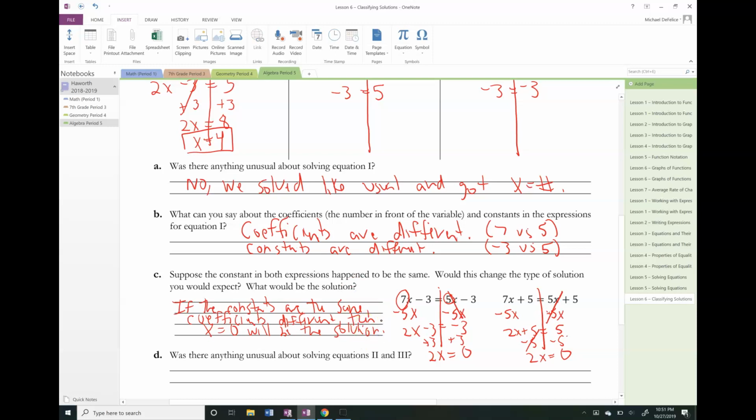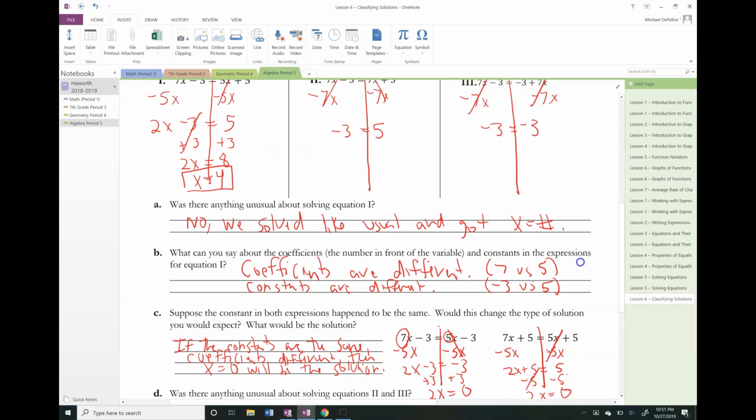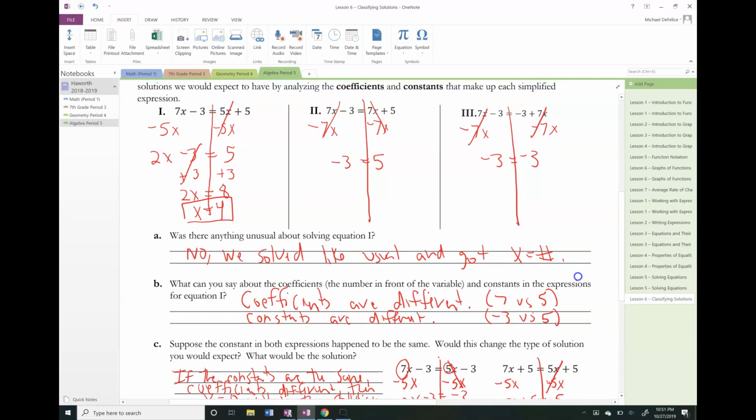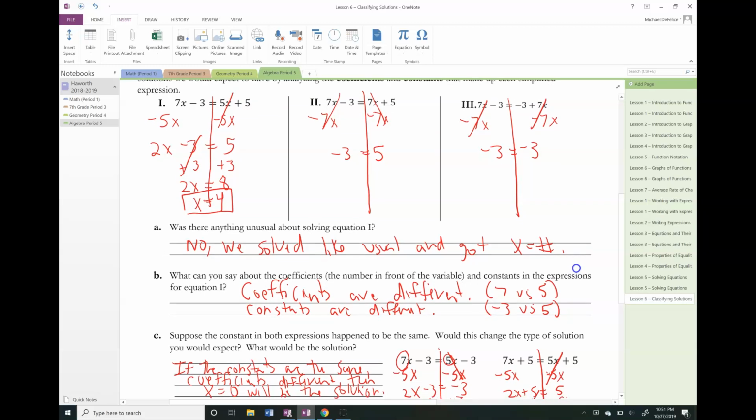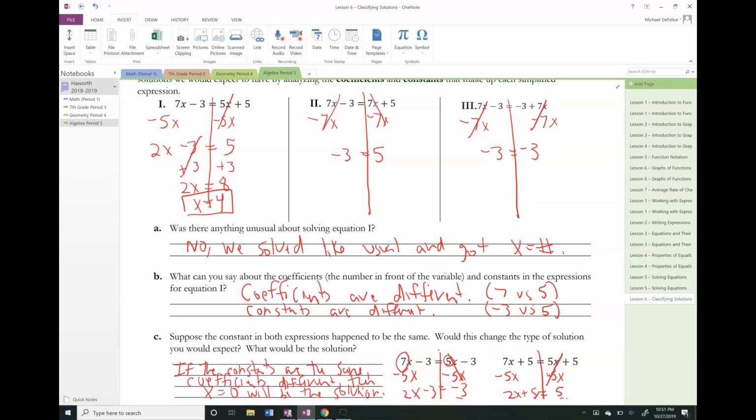Okay, so now is when it gets a little bit interesting. In equations 2 and 3, certainly something weird did happen. What happened was our variable term went to 0, and we were left with either a false number sentence, as in equation 2, or a true number sentence, as in equation 3.